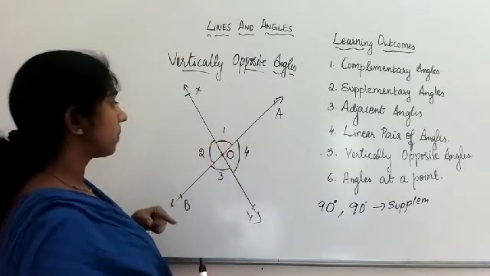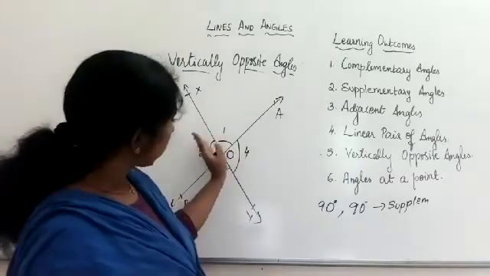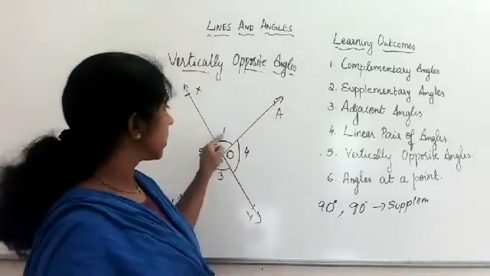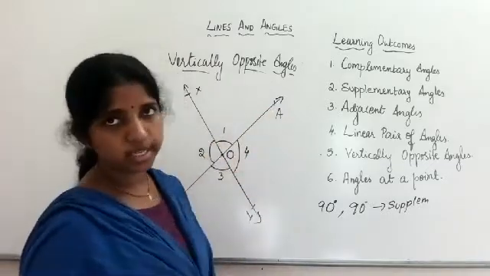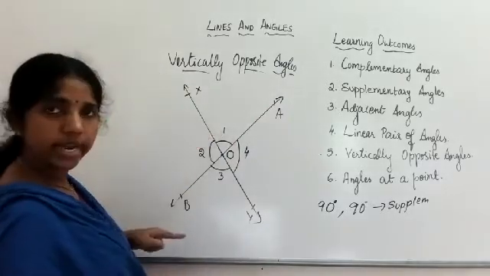So which is vertically opposite? Angle 1 and 4 have the ray OA as a common arm. So these two are adjacent angles. It is not vertically opposite. So which is vertically opposite? Angle 1 and 3.